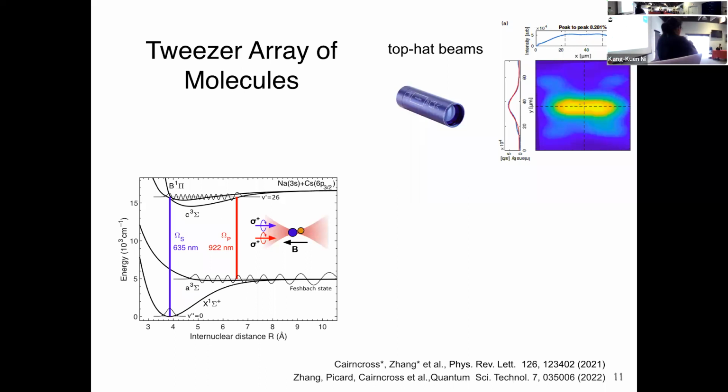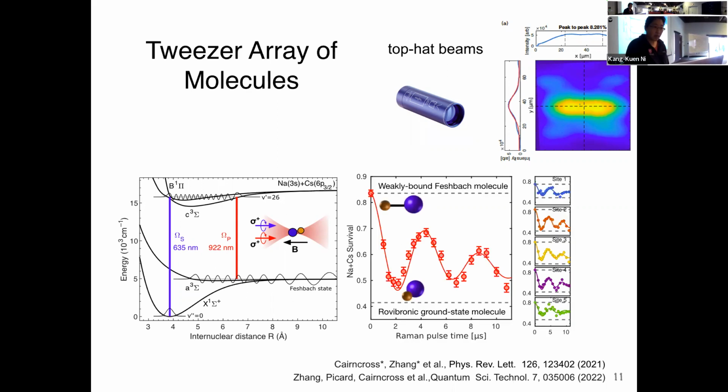We had to make sure our beams are more uniform, in this kind of top hat geometry, to match the dimension of our array. So we can shape the beam with this Airy beam shaper, passively shaping. And we can use two Raman transitions, two photons shining simultaneously, pulsed on for a certain duration to get coherent Rabi oscillation between the weakly bound state and the low vibrational ground state.